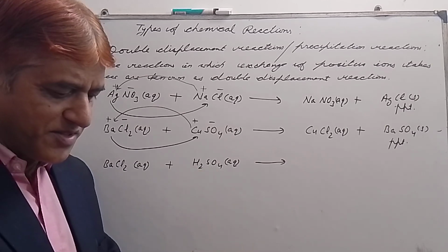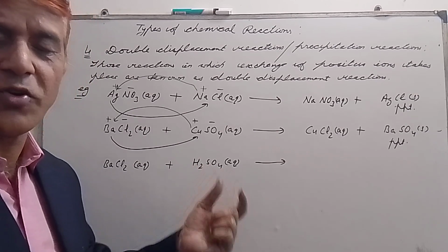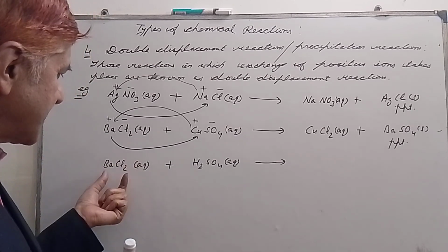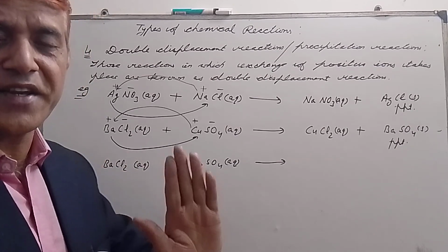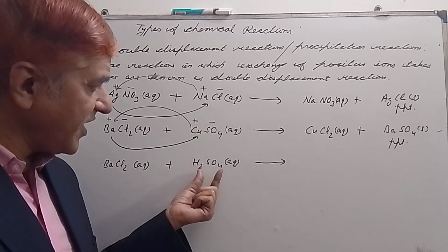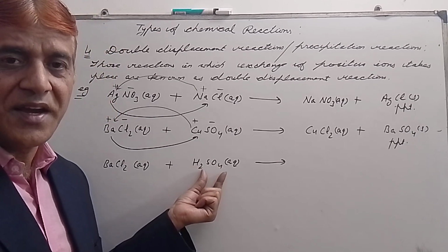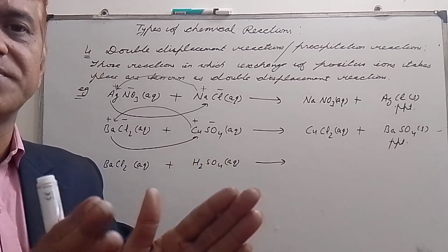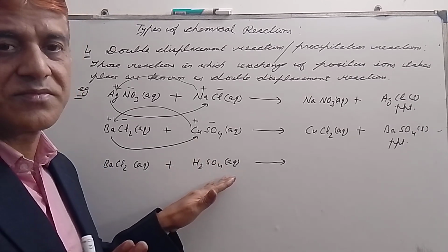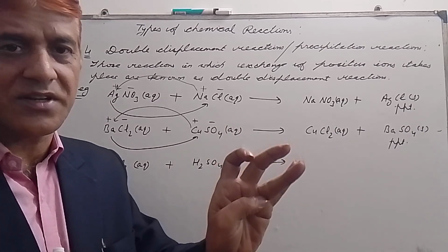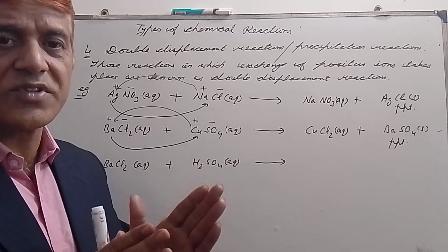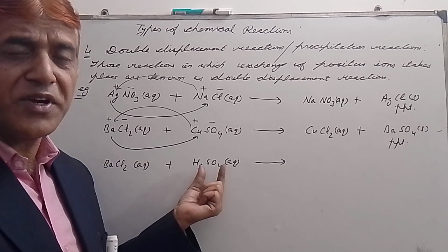What is the definition of covalent compounds? Covalent compounds are those made up of only non-metals. And what is the definition of ionic compounds? Ionic compounds are those made up of metals and non-metals. So here this is a covalent compound, and covalent compounds are generally non-ionic. But acids, whether it is sulfuric acid, hydrochloric acid or nitric acid, are all covalent compounds, because they are made up of only non-metals.